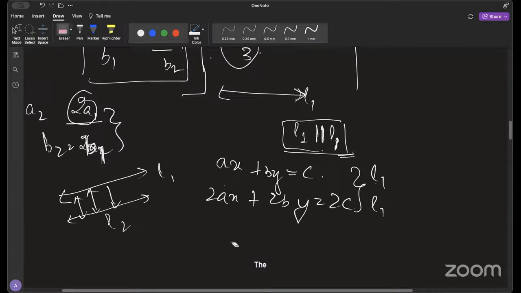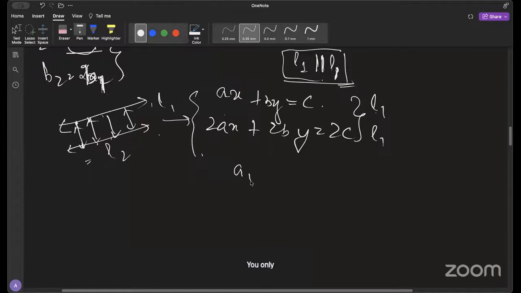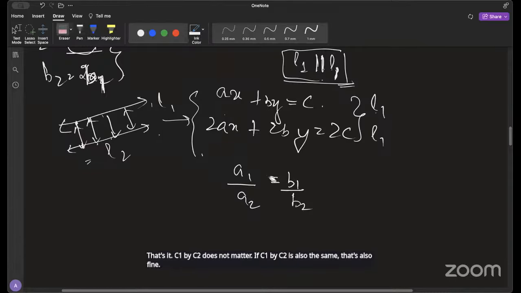The definition of parallel comes from here, and from this we derive this condition. So all in all, you only have to check a1 by a2 equals b1 by b2. C1 by C2 does not matter. If C1 by C2 is also the same, that's fine. If it's not the same, that's also fine.